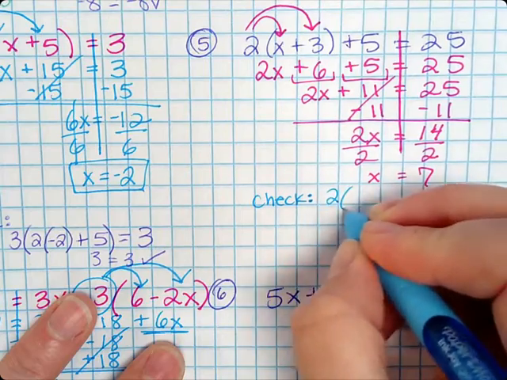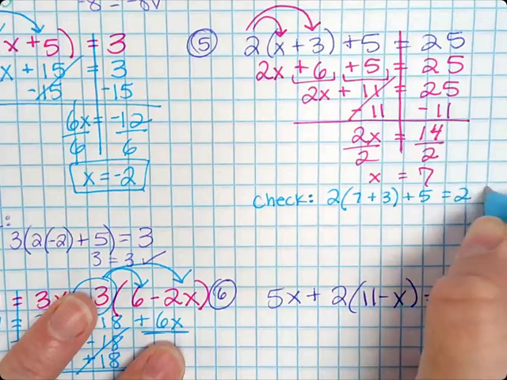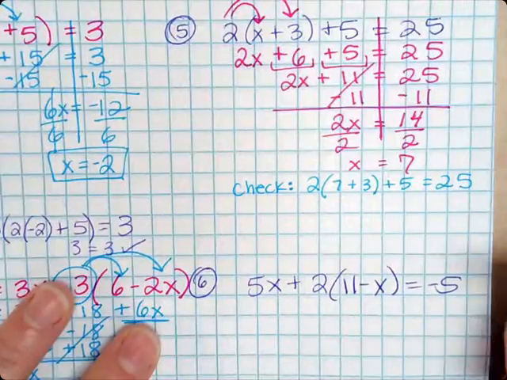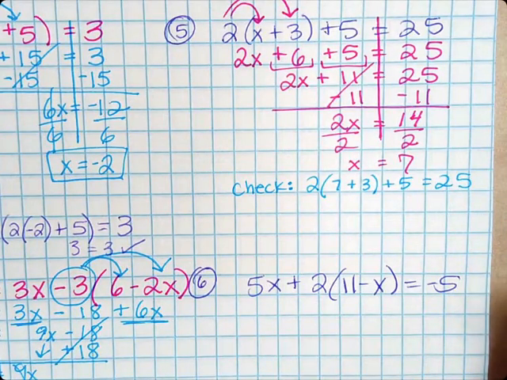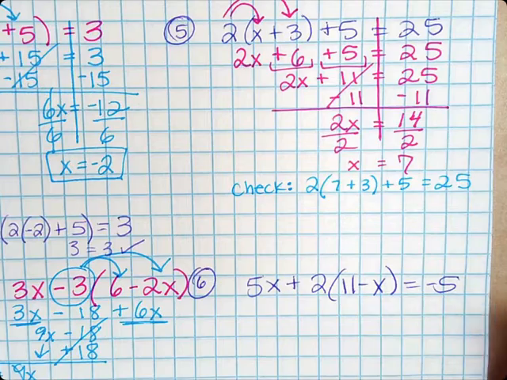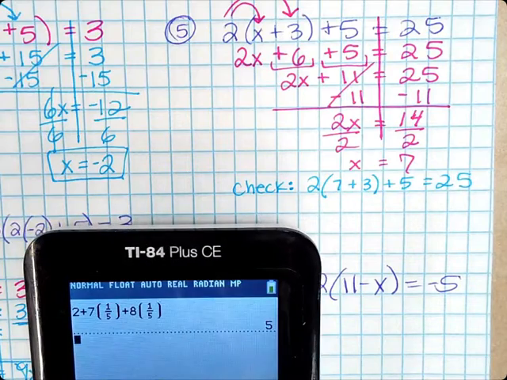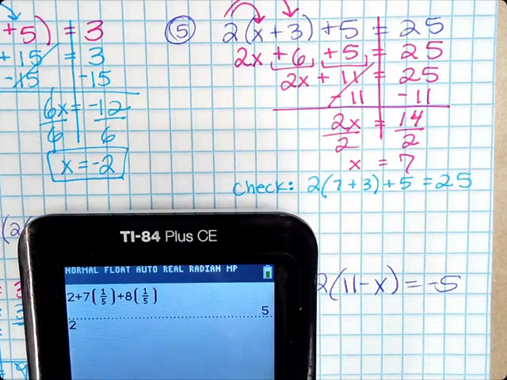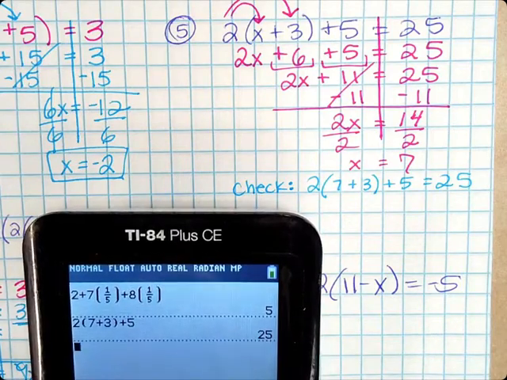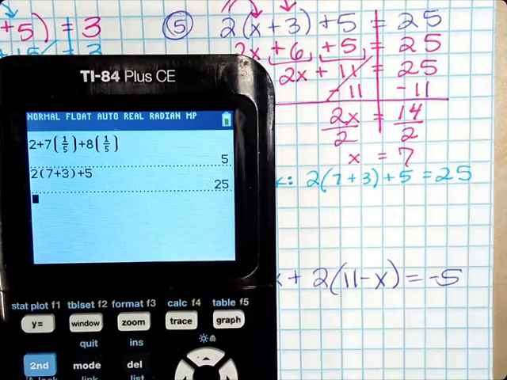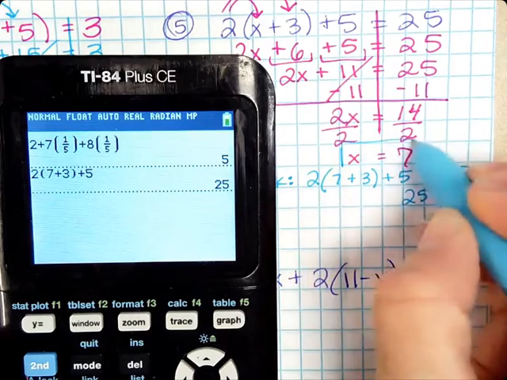This would be 2 times 7 plus 3, plus 5 equals 25. Put that in your calculator, and it equals 25. So we can put a box around our answer.